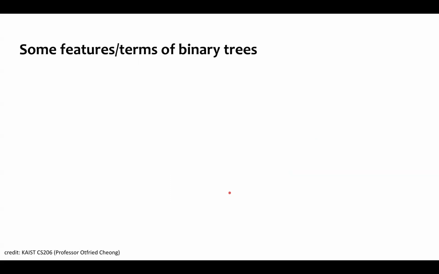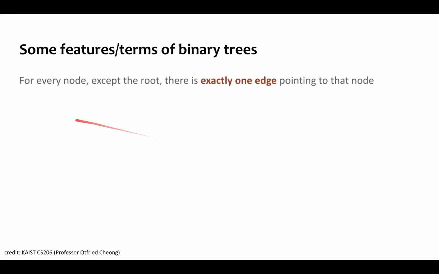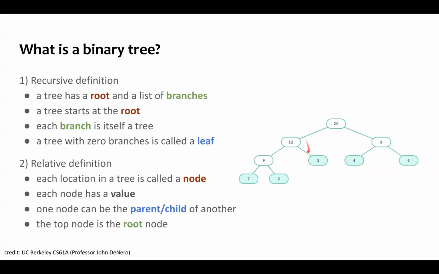And there are some features of binary trees. For every node except the root, there is exactly one edge pointing to that node. So here you can see there's just one edge coming into this node. And this node has just this one edge that points to it.